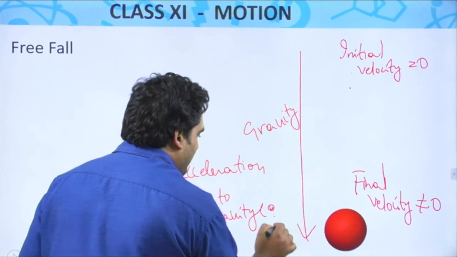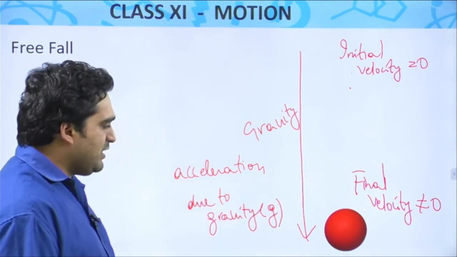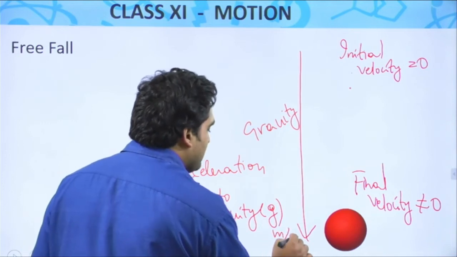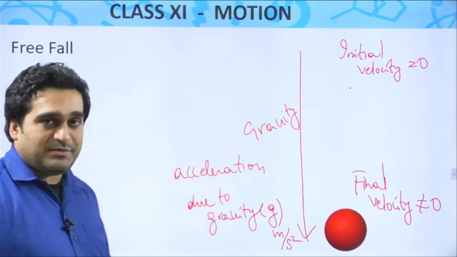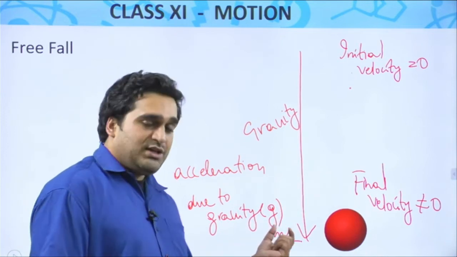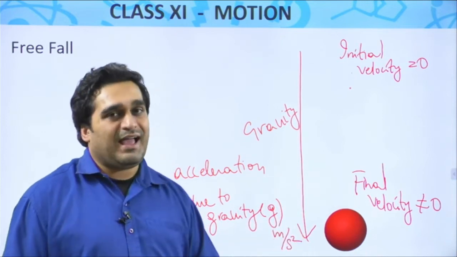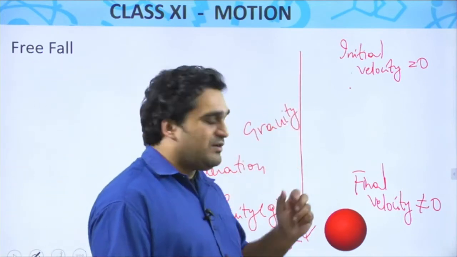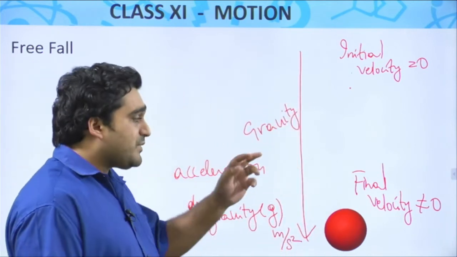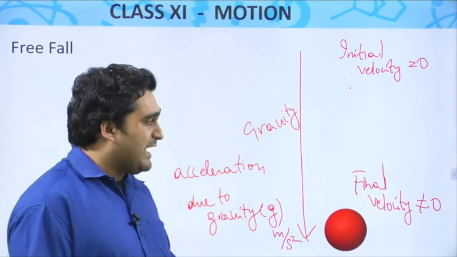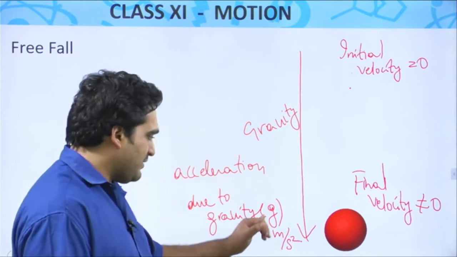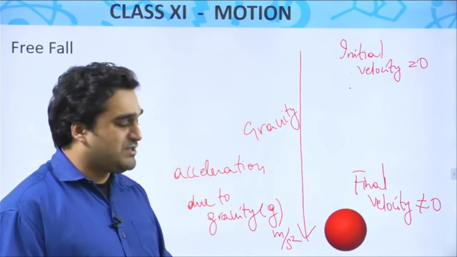It is given by the small letter g, whose unit is meter per second square, just as acceleration. We denote it by g to show that it is the acceleration due to gravity. Any object that falls under the influence of gravity, its velocity changes, and the rate at which the velocity changes is a constant. Therefore, this constant is given by g.